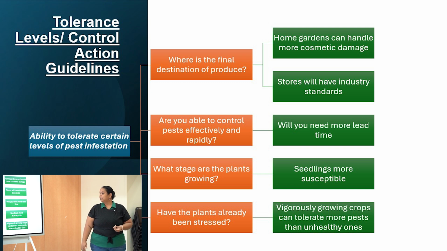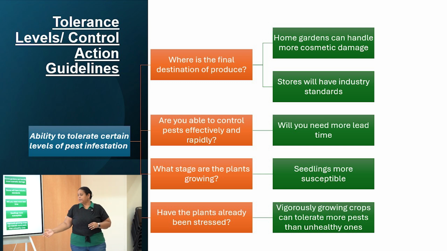Also, what stages are your plants growing at? Obviously, if you get an infestation or a problem when you have seedlings, that is a little bit more damaging. Seedlings are not as hardy as bigger plants and may not bounce back. So you may have a complete loss of your planted system, so you may have to replant, okay?